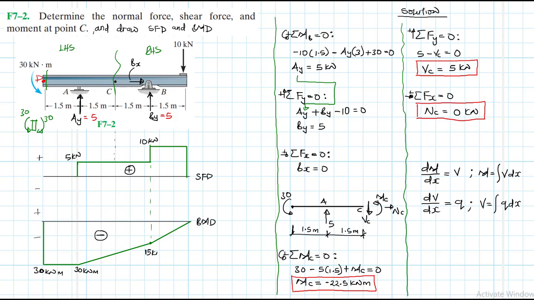This is kilonewton meter. So between 30 and 15, we found a 22.5, which is negative. And for sure, this is the moment that is in between 30 and 15.